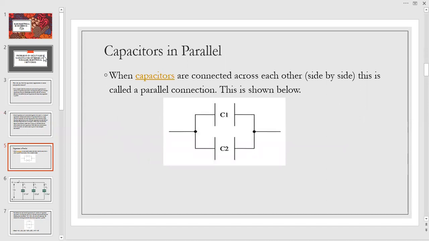Capacitors in parallel. When capacitors are connected across each other side by side, this is called a parallel connection. This is shown below.